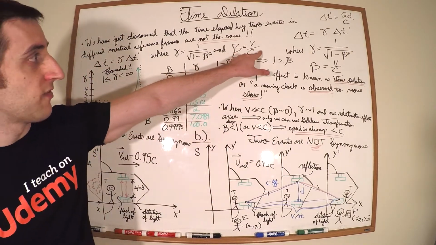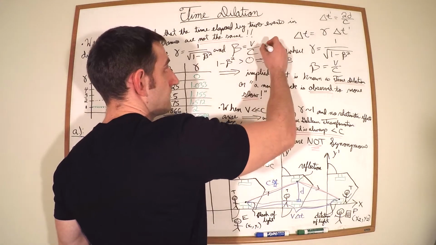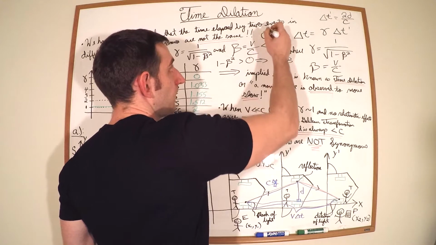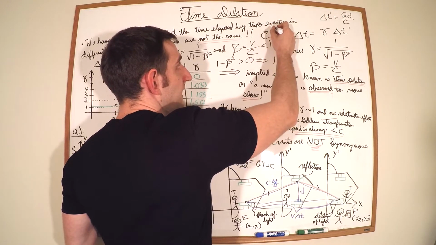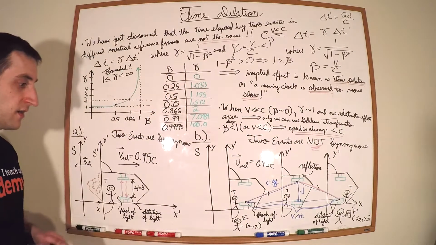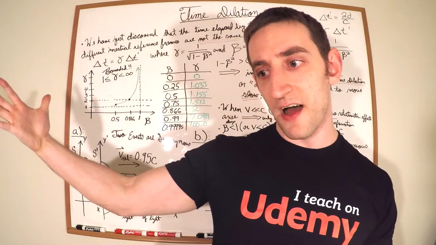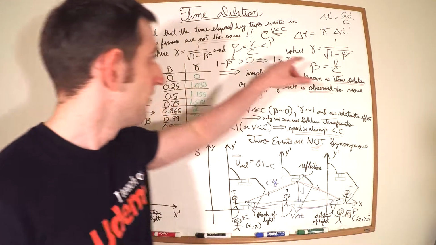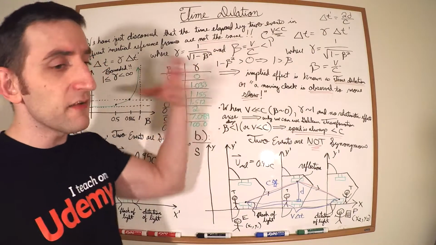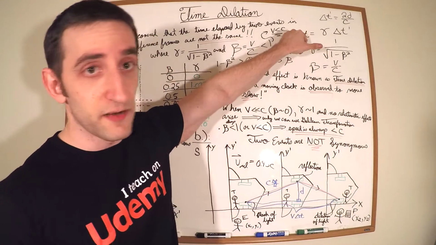Basically, this guy is less than 1, which means that V is less than C, right? And this is why you've probably heard, maybe in sci-fi, maybe somewhere else, that the speed of light, or not the speed of light, the speed of anything in the universe cannot exceed the speed of light.